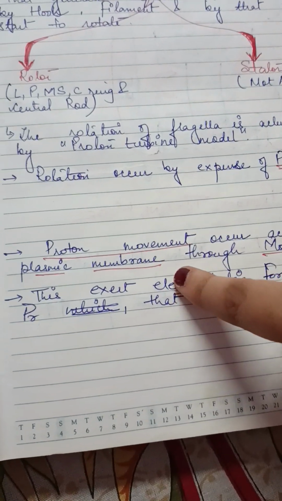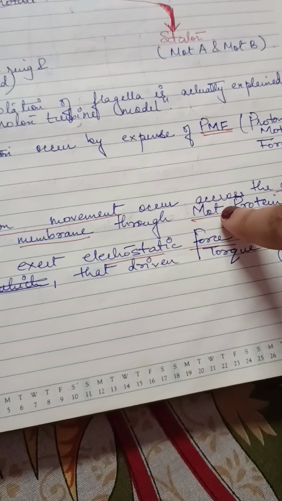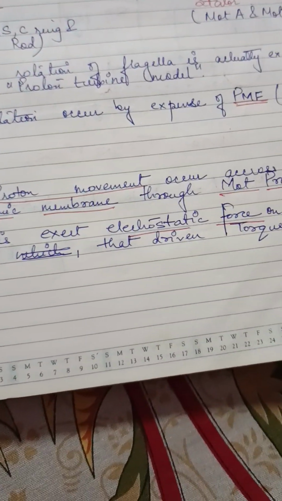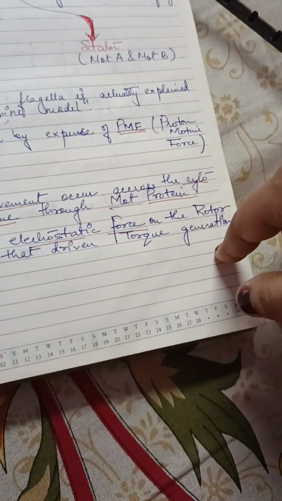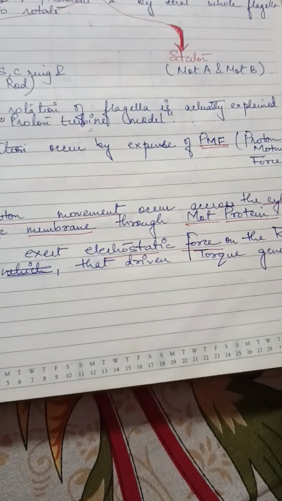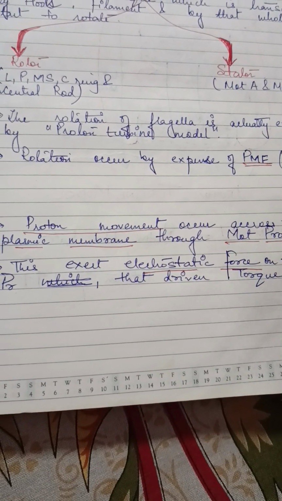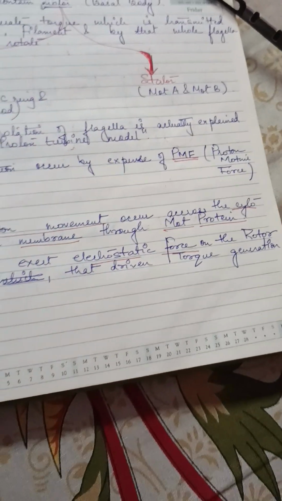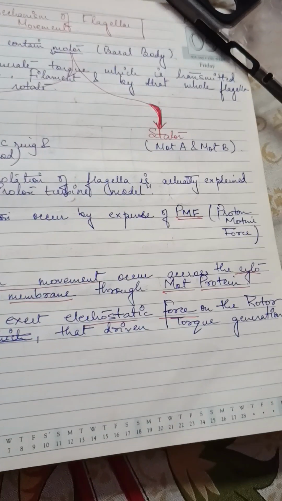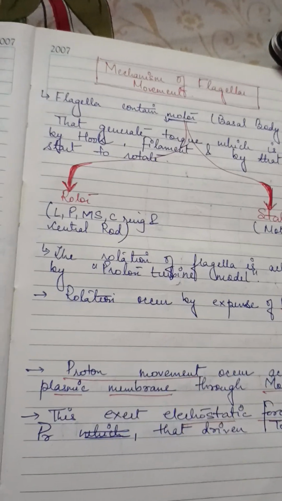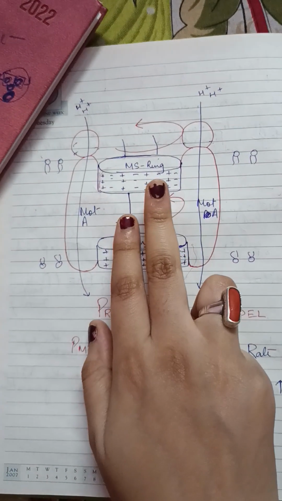This movement through the cytoplasmic membrane through Mot protein exerts an electrostatic force on the rotor protein, which drives torque generation. So this is the proton turbine model. There is the C ring and MS ring.